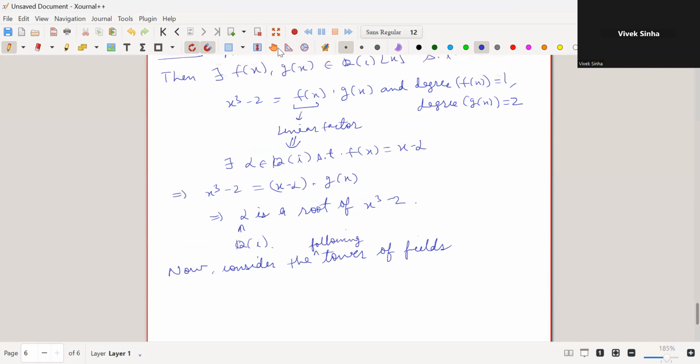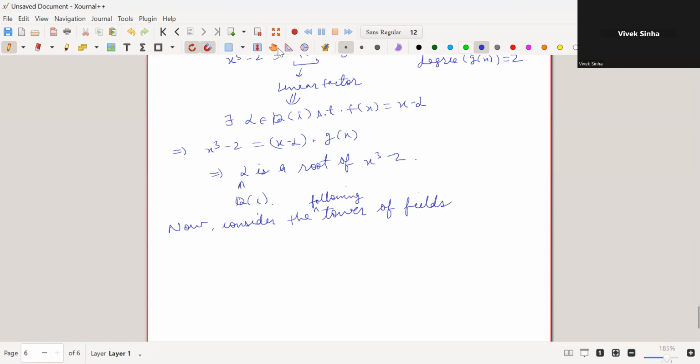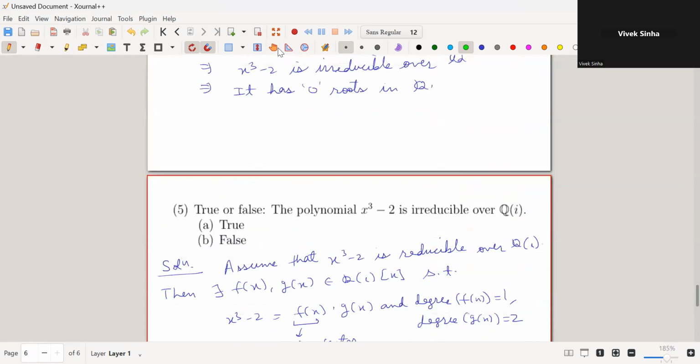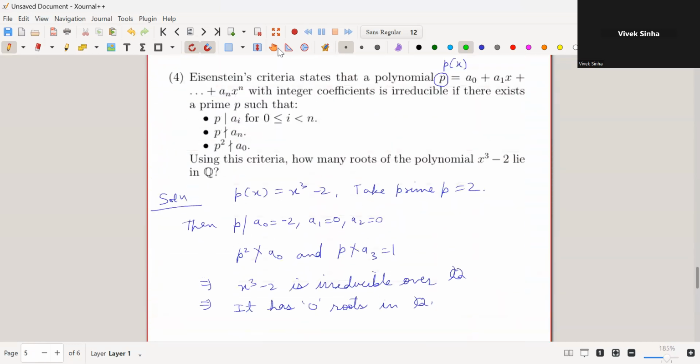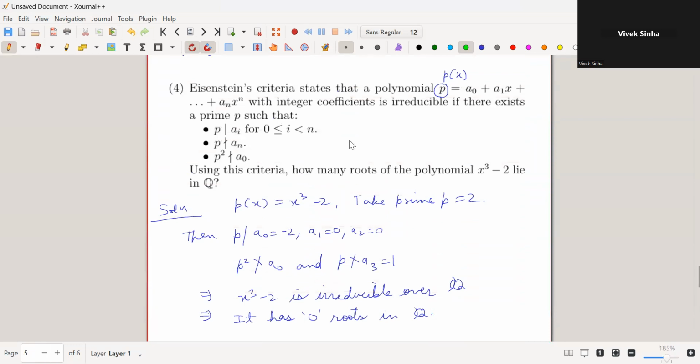One more thing to notice is alpha cannot belong to Q. From question number 4, we have already seen that this polynomial is irreducible over Q. So if alpha is a root in Q, then we can write x cube minus 2 as (x minus alpha) times something, and that makes this polynomial reducible.